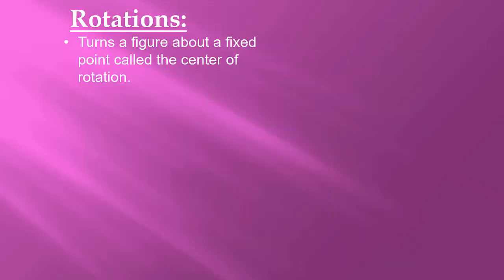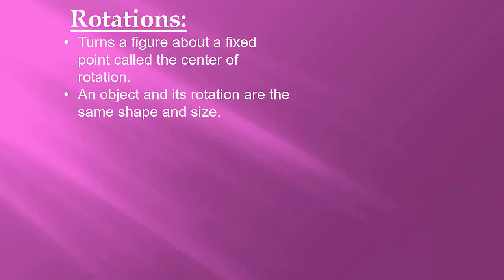A rotation. A rotation turns a figure about a fixed point called the center of rotation. Now this year we will only do rotations around the origin, the point 0, 0 on a coordinate plane. An object and its rotation are the same shape and size.